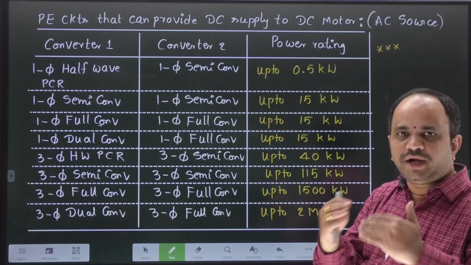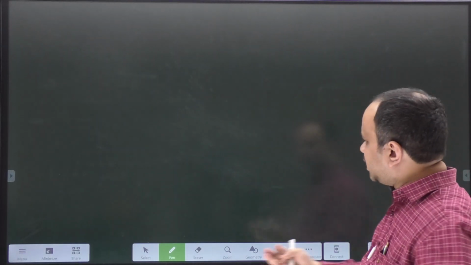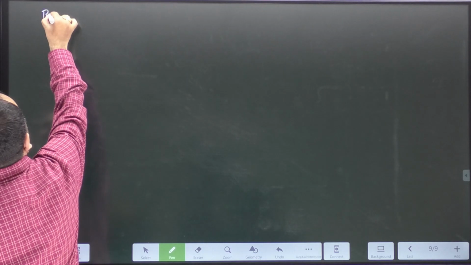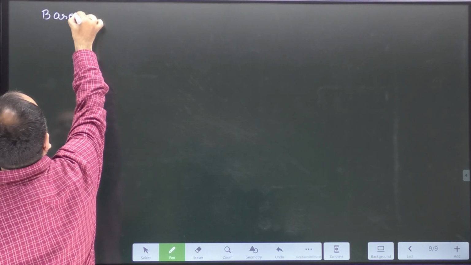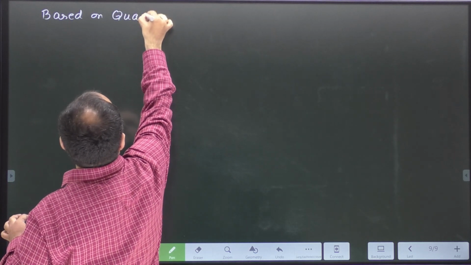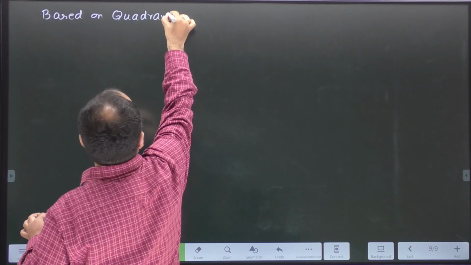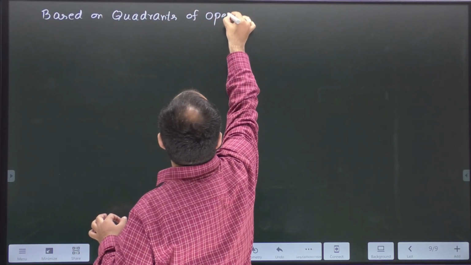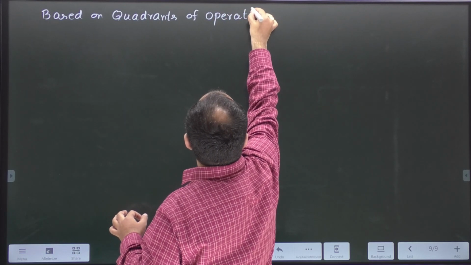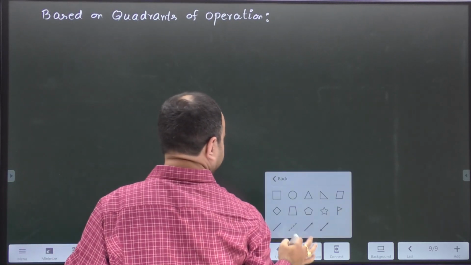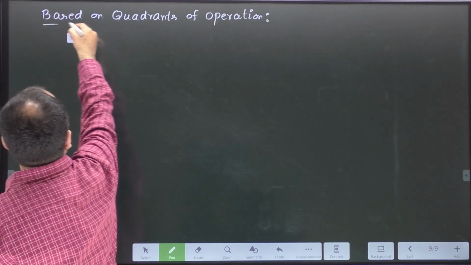As per the 4-quadrant application, let us look into these drives. So for example, based on quadrants of operation, let me give you briefly what is each quadrant of operation.